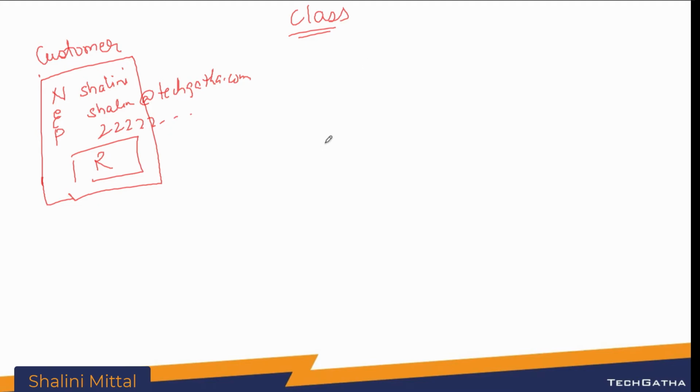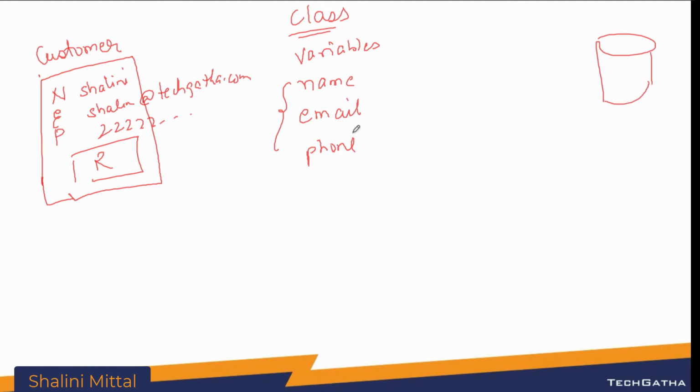In Java applications, what do we use to store values? We have variables, right? So I will have a name variable, an email variable, and a phone variable that I will use to store these values temporarily, and then I'll write the code to store the data permanently in the database.